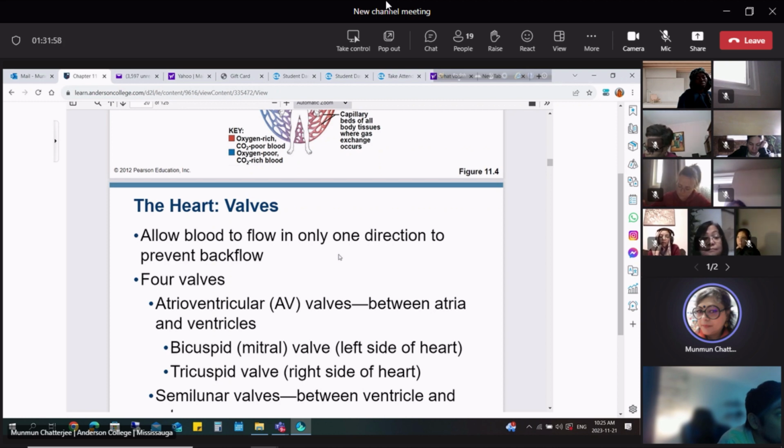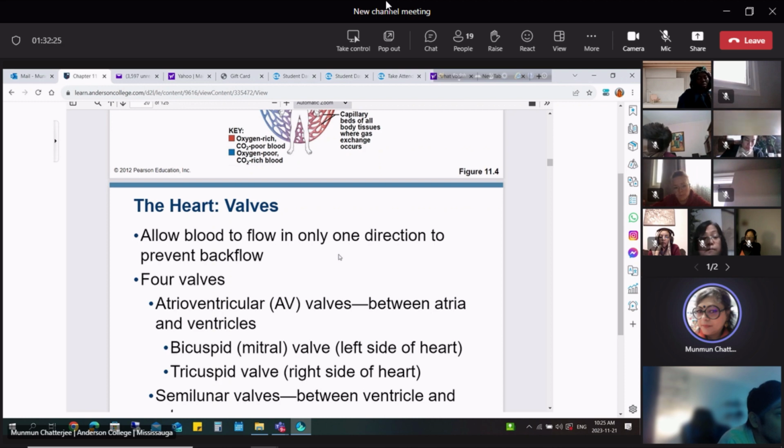Between the atria and ventricles, we have 2 valves: bicuspid and tricuspid. What is another name for bicuspid? The mitral valve. Each one is important. The bicuspid is the mitral valve, which is on the left side of the heart, between the left atrium and left ventricle.